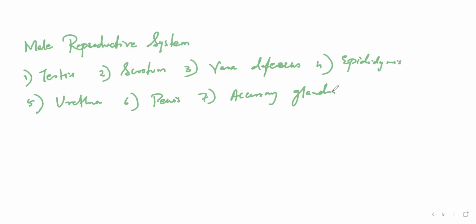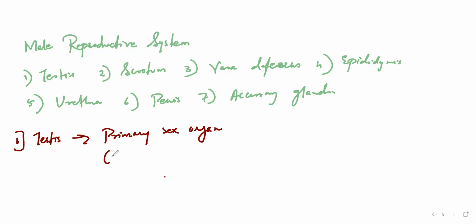So let's see what the parts are in detail. The first one is the testis. This part acts as a primary sex organ, and one pair is present, which is oval shaped.